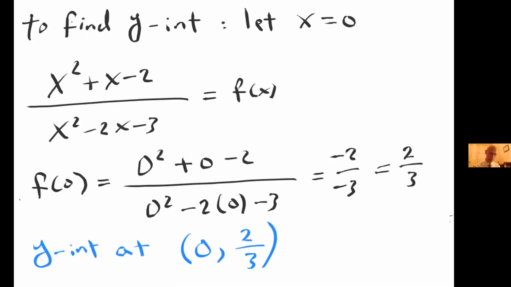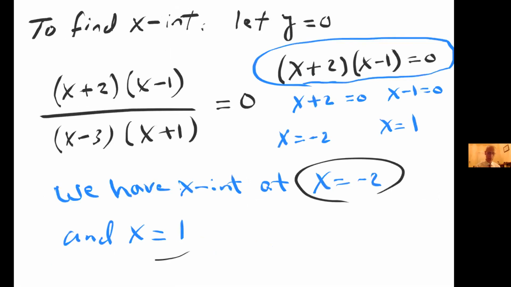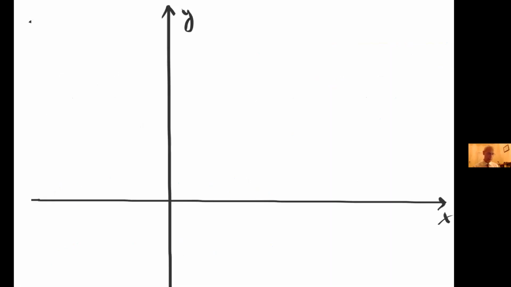Where was it? Oh, one page before this. Okay, x equals -2 and x equals +1 are the x-intercepts. So I had an x-intercept in here, and I had another one at 1.